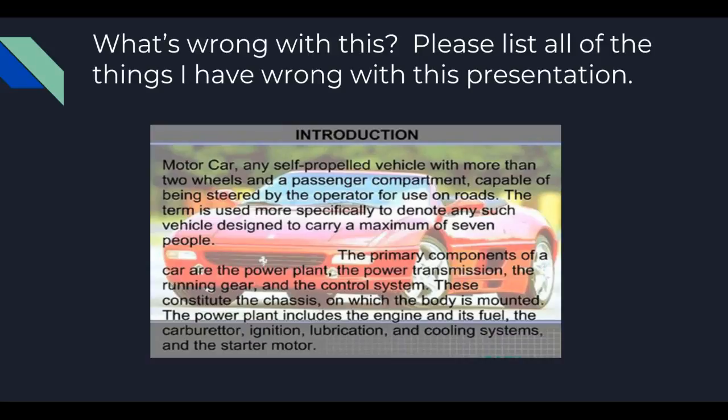The primary components of a car are the power plant, the power transmission, the running gear, and the control system. These constitute the chassis on which the body is mounted. The power plant includes the engine and its fuel, the carburetor, ignition, lubrication, and cooling systems, and the starter motor.